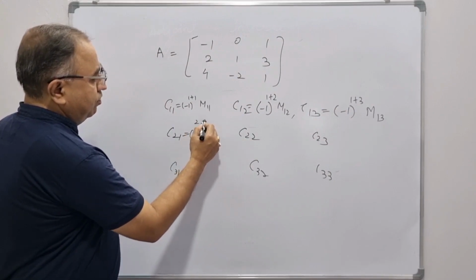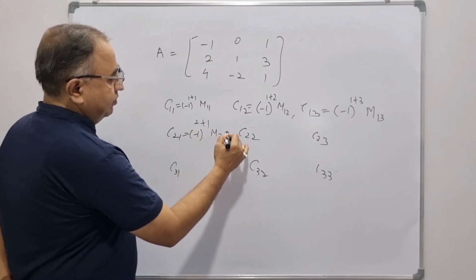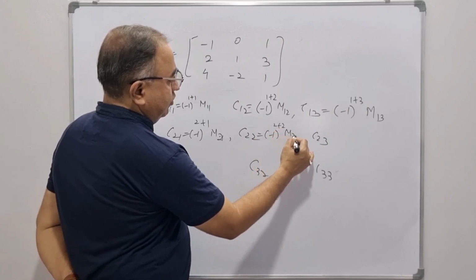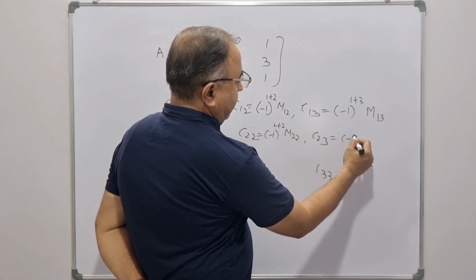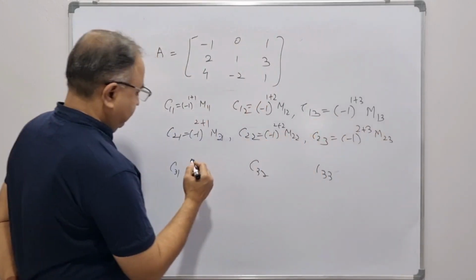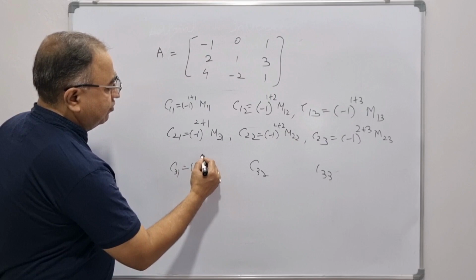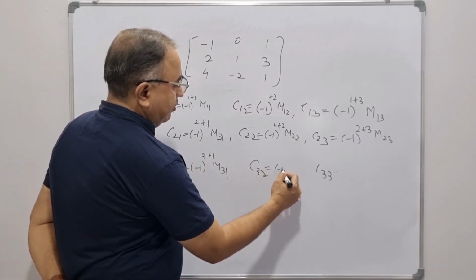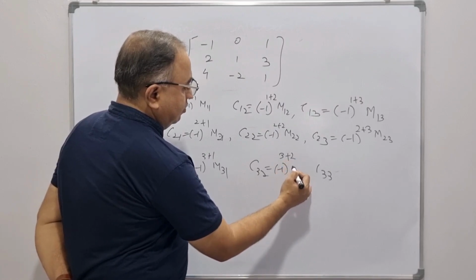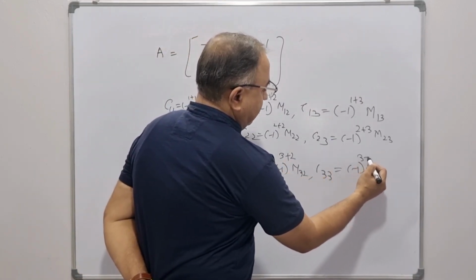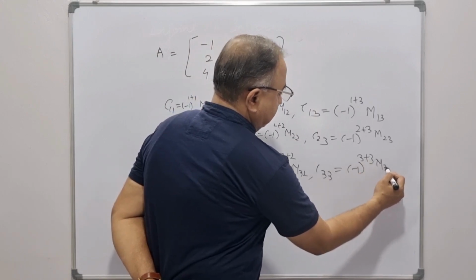Minus 1 raised to the power 2 plus 1 into M21, minus 1 raised to the power 2 plus 2 into M22, minus 1 raised to the power 2 plus 3 into M23, minus 1 raised to the power 3 plus 1 into M31, minus 1 raised to the power 3 plus 2 into M32, minus 1 raised to the power 3 plus 3 into M33.